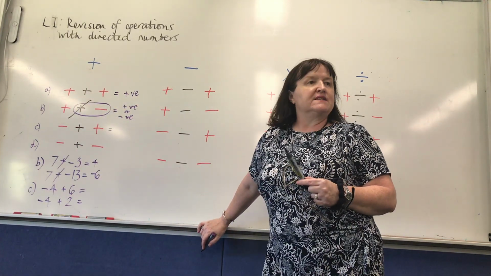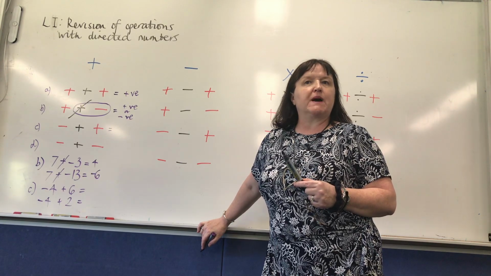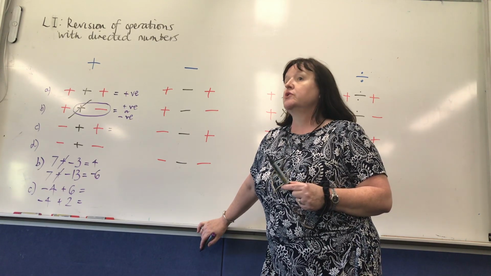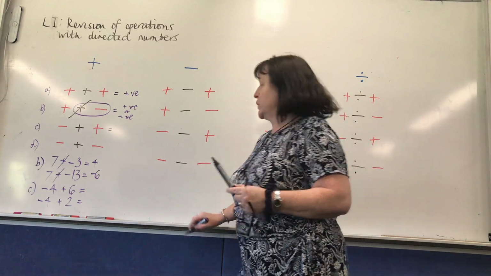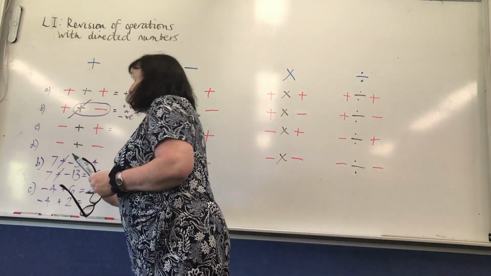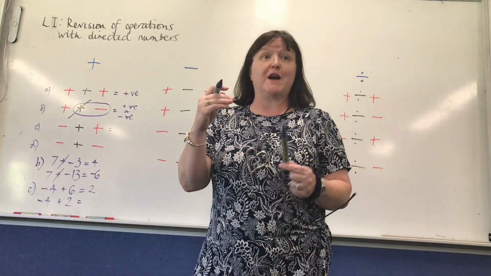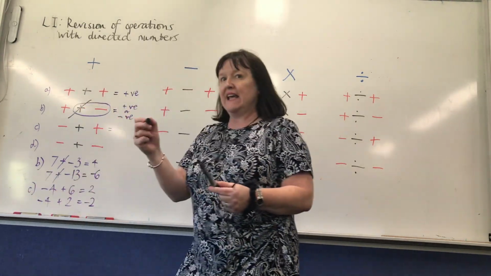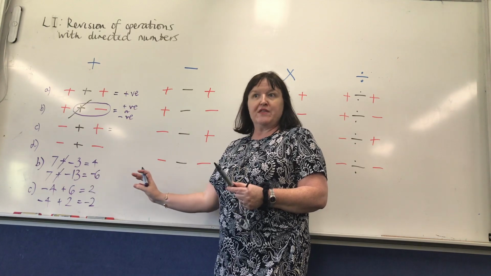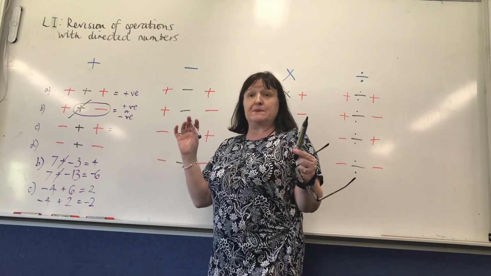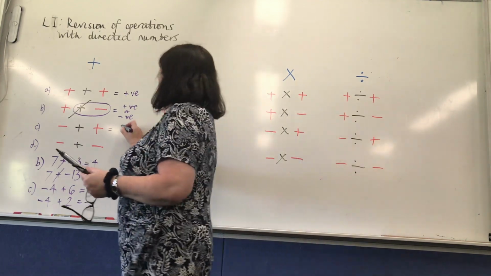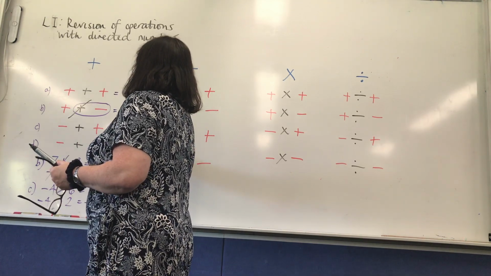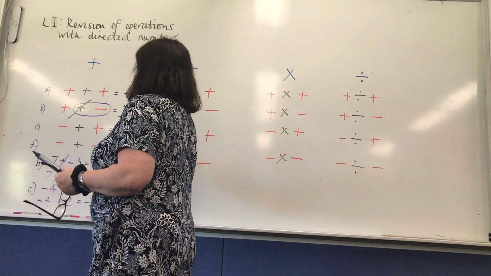So if you've got negative 4 add 6, what's my answer? Jonah? 2. And then if you've got negative 4 add 2, what's my answer? Tommy? Negative 2, that's right. So again, whether the answer is positive or negative is dependent on the size of the numbers. So again here, this could be positive or it could be negative.